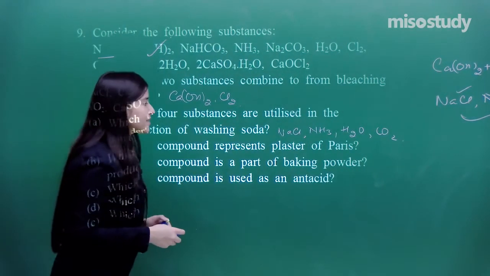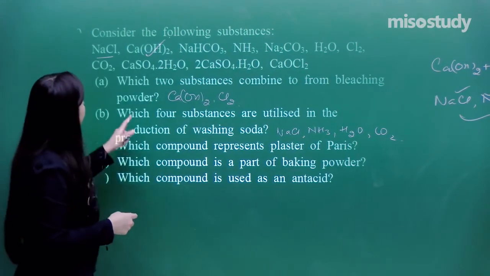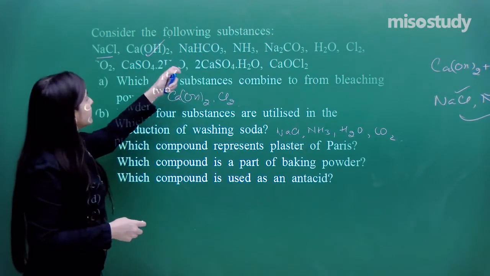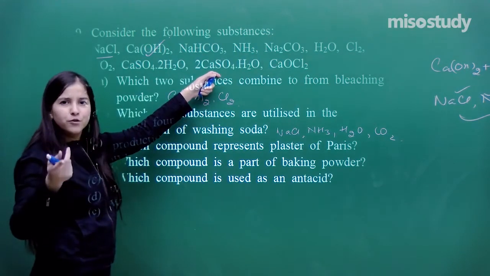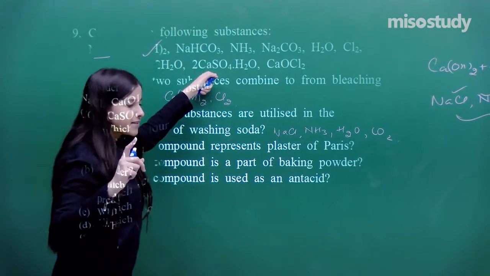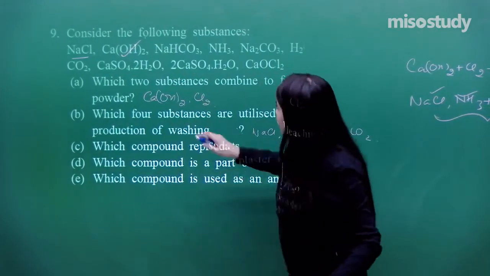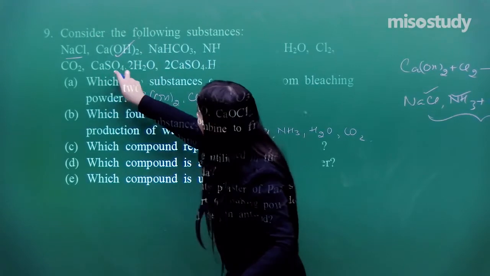Now, moving on to question number 3. Which compound represents plaster of Paris? Can you tell me out of all of these? So, I have got 2 options right here. One would be gypsum, another would be plaster of Paris. So, plaster of Paris is calcium sulfate hemihydrate, that means semi-hydrate. So, is this hemi, that means half of it?